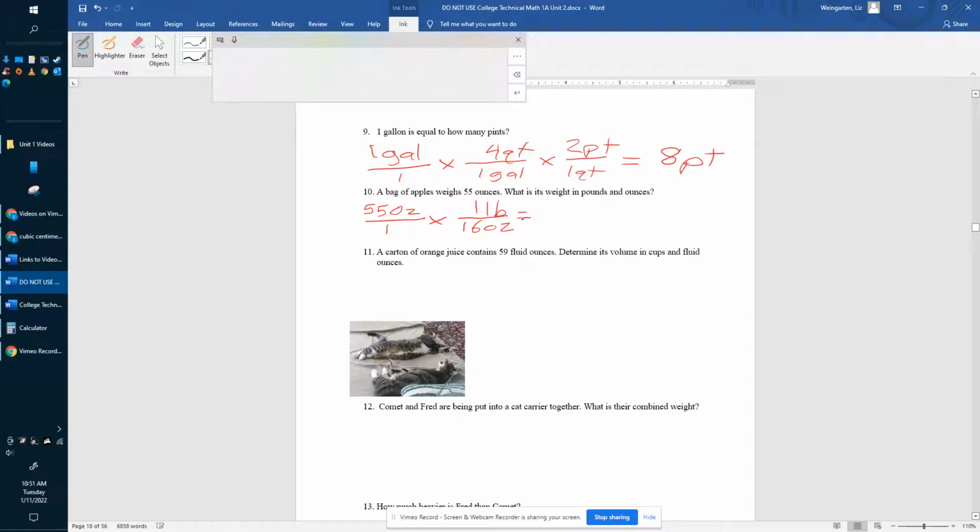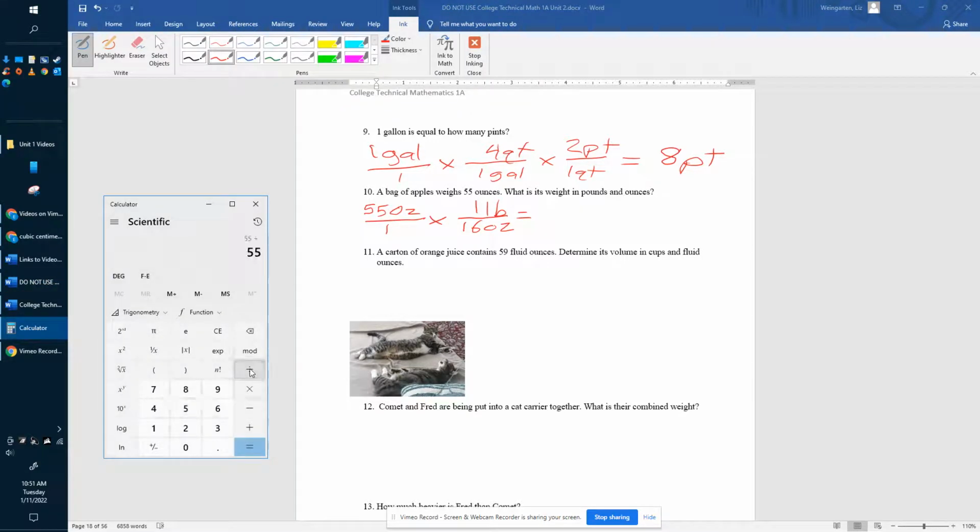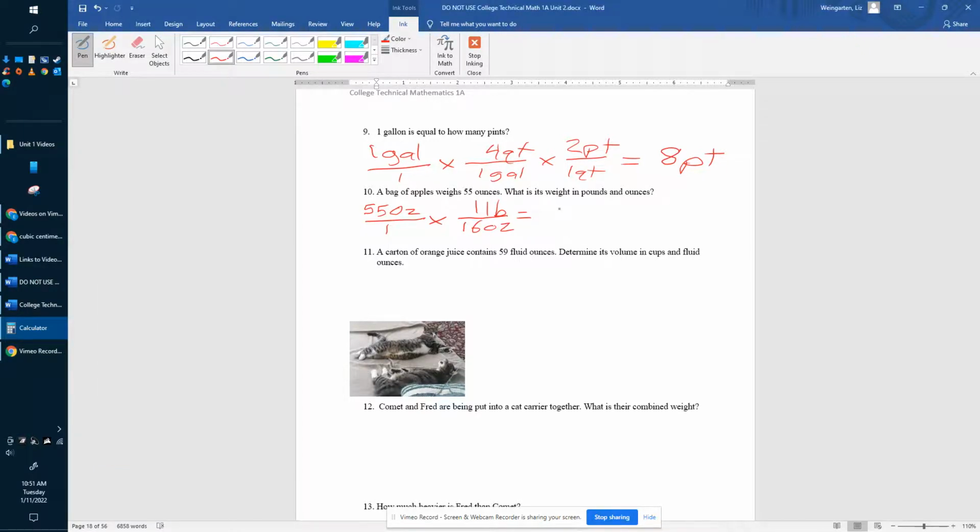So let's take a look at 55 divided by 16. 3.4375. So we have 3 pounds.